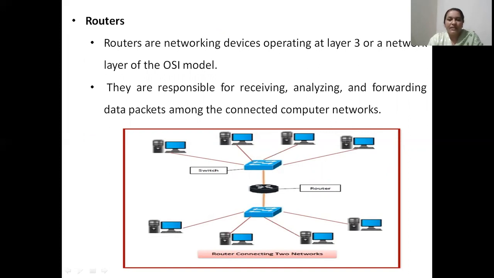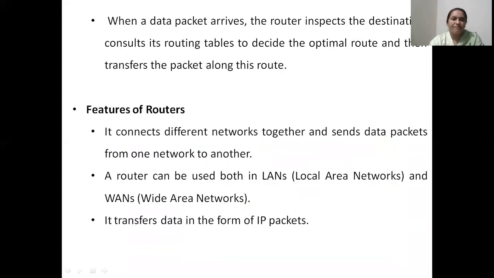When I say connected computer networks, it means that routers can interconnect multiple heterogeneous networks together and establish packet transmission between these multiple networks. So it's the job of the router to receive packets, analyze them, and forward data packets irrespective of whether the destination is on the same network or on a different network.